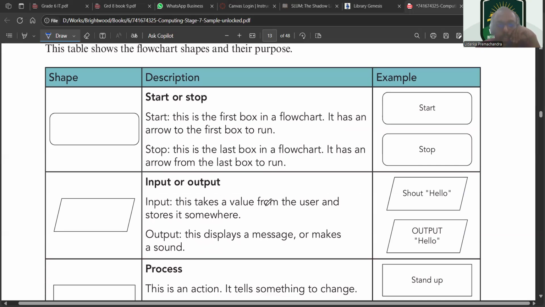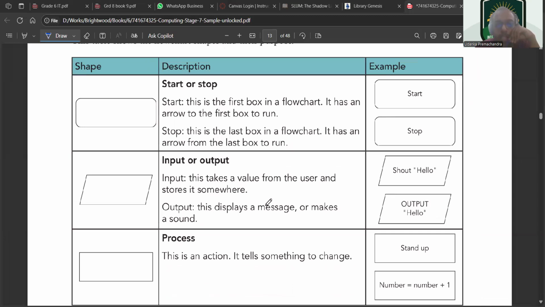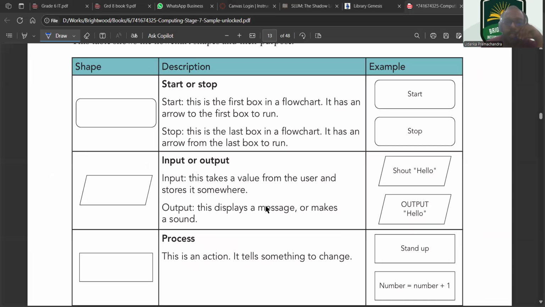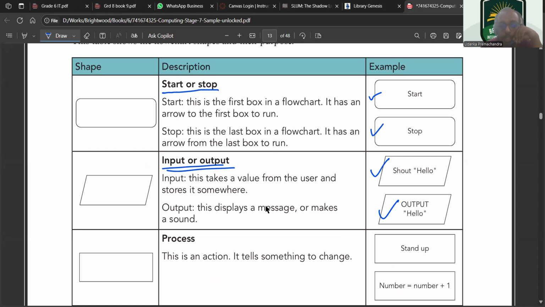Quickly we can recap. We use start and stop, and for start and stop you can use this shape. For input and output, you can use this shape. For the process, which shape? A process can be a calculation, something mathematical like addition or multiplication, or something like making tea, a processing thing.